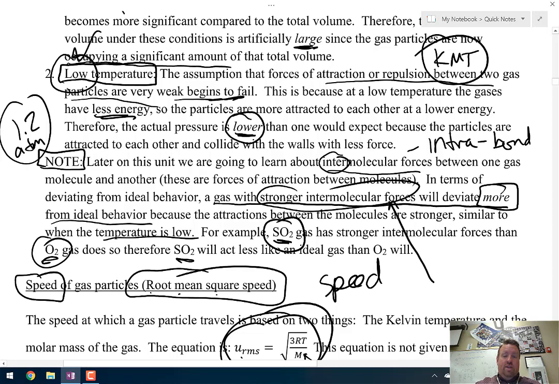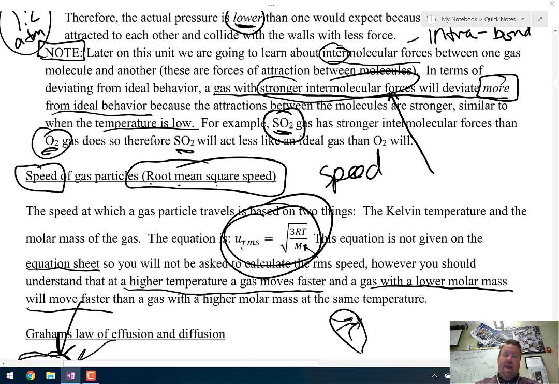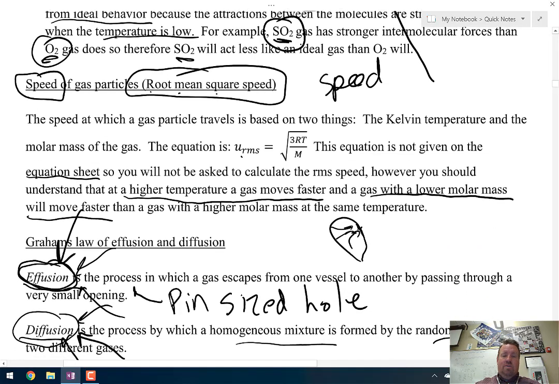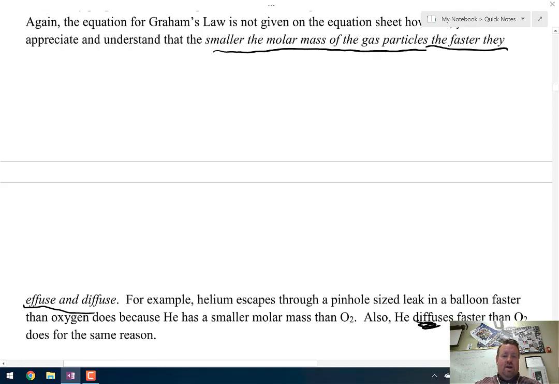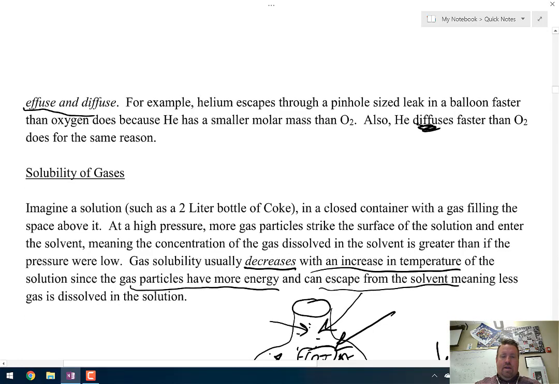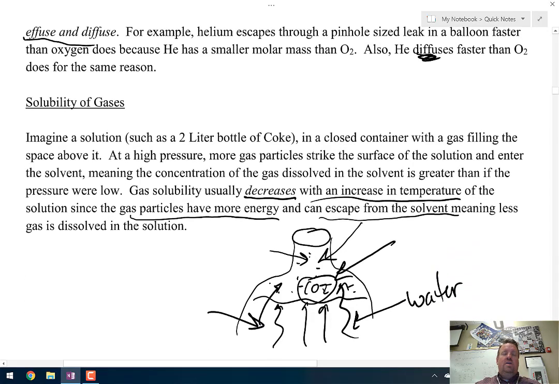The stronger the intermolecular forces, the more a gas will deviate from ideal behavior. The speed of a gas depends on the temperature and the molar mass of the gas, and the smaller the molar mass, the greater the speed, and how that relates to effusion and diffusion. And then we talked about how the warmer a solution is, the less soluble a gas is. And that's it for gases.